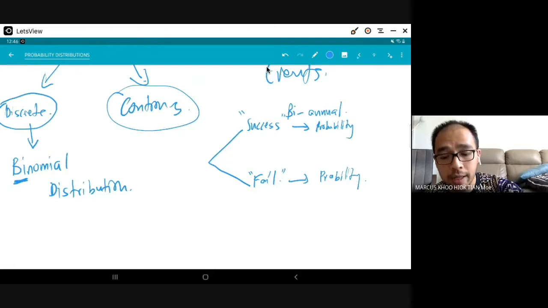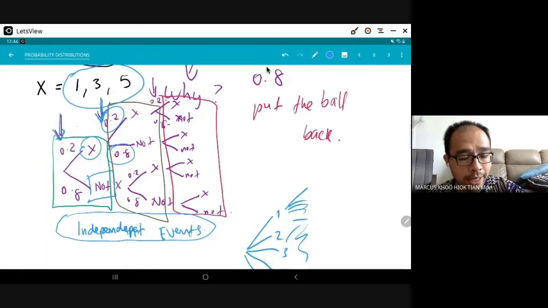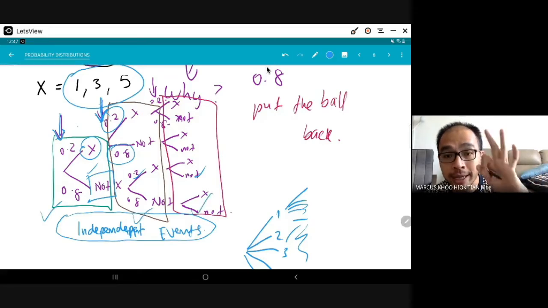So far, in all your tree diagrams, at most you did only 3 times. Okay, except for question number 1 on page 150, that is a bit short. But in all the tree diagrams you have done, the maximum levels you have done is 3 times.